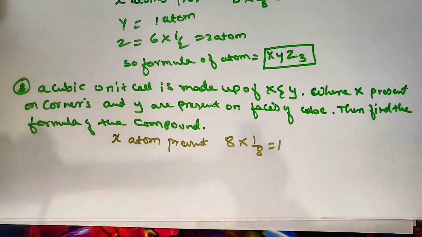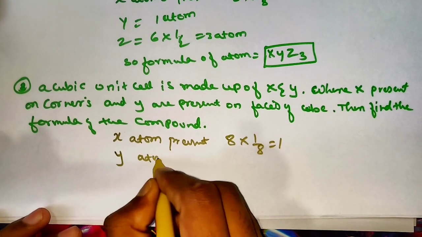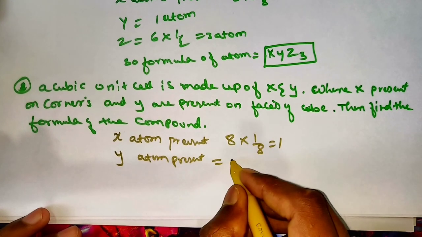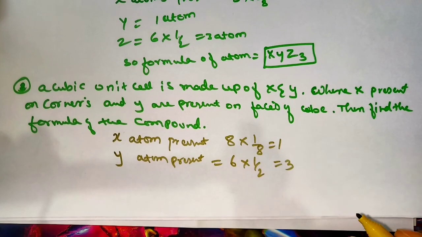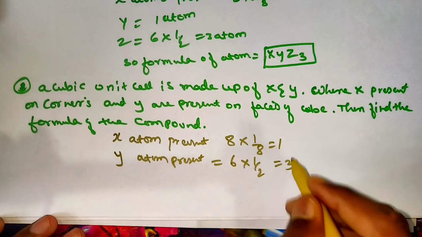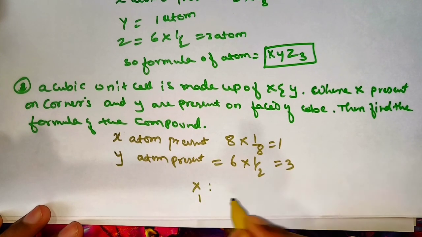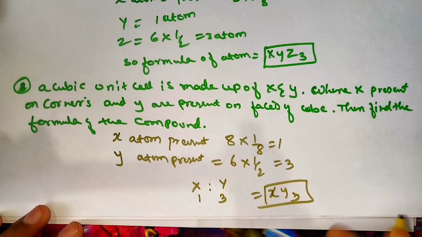Y atom is present at the center of the faces. How many faces are there? 6 into half, so total 3. So the formula will be X Y 3. This is the formula of the compound.